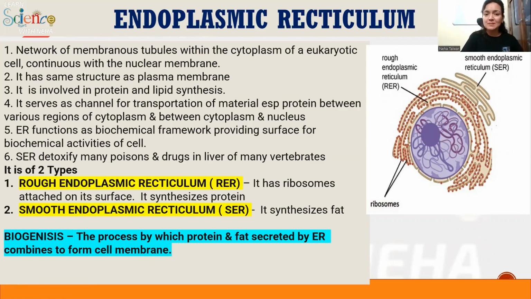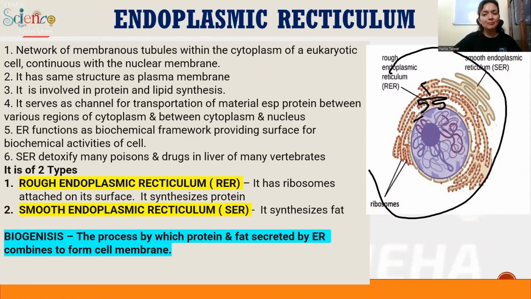Framework to the cell means it will start from the nucleus and it will start moving from the nucleus till outside. So endoplasmic reticulum is a dense framework on which all other activities are happening. May it be protein synthesis, may it be digestion of foods, and may it be transportation. Everything is happening here. So let's read out.